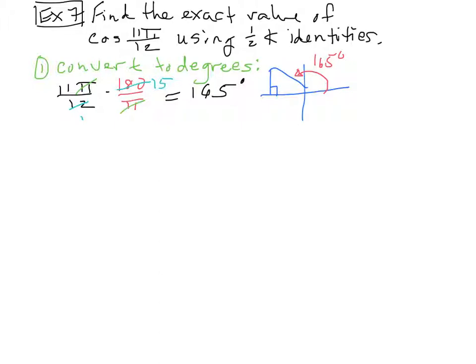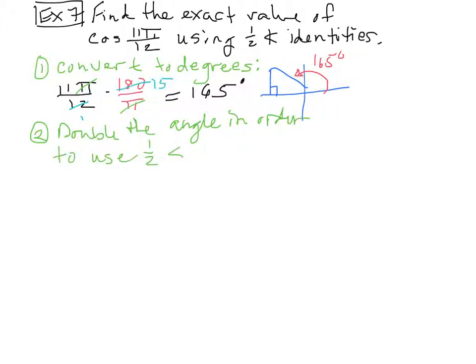So step 2, you are going to double the angle in order to use the half angle identity.